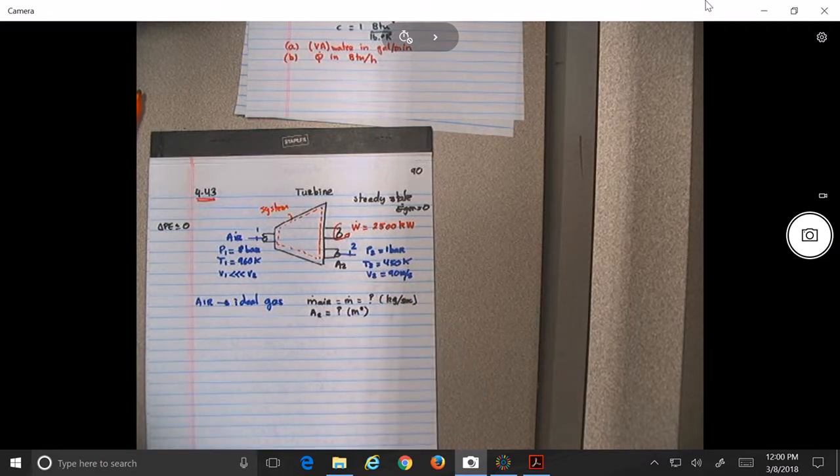Okay, so this problem I think is kind of similar to the first one, no? So what is the first thing we're going to do?